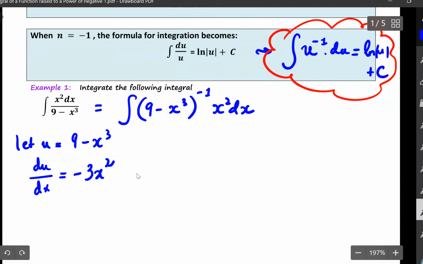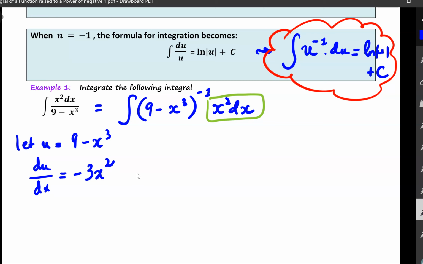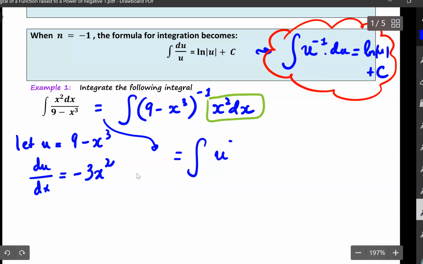Okay, so I would like everyone to take a look at this. What you do now is write this as the integral of u to the exponent -1. And what you have to do is write this part of your integrand in terms of du. One way to do that is to take a look at this equation and manipulate your variables.